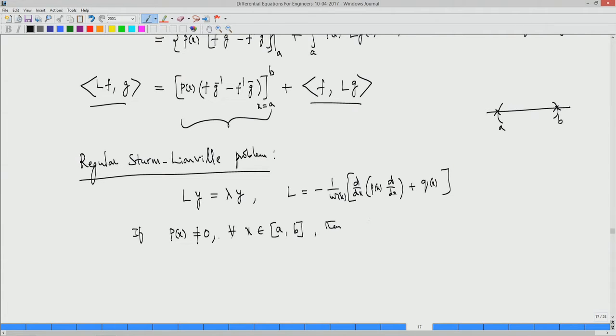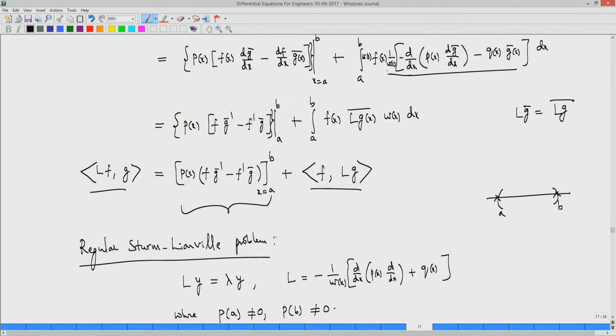So it is a regular Sturm-Liouville system if P of A is non-zero and P of B is also non-zero.